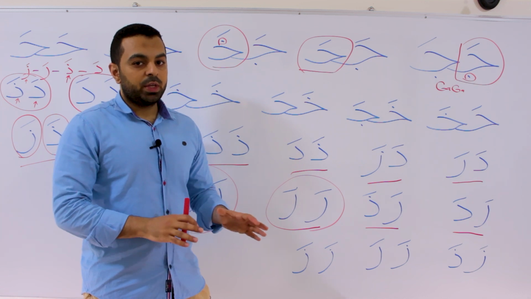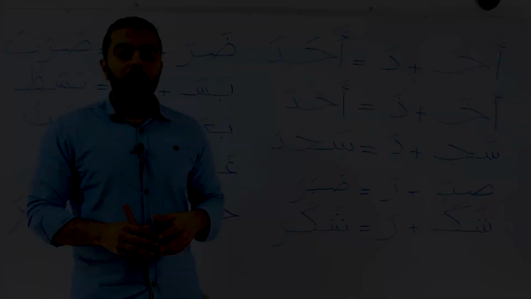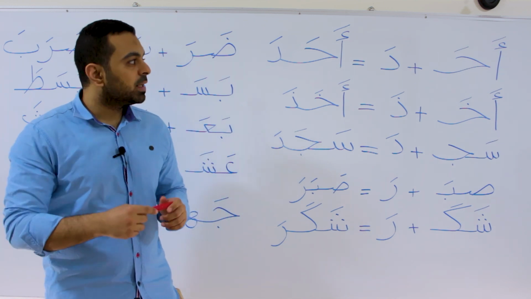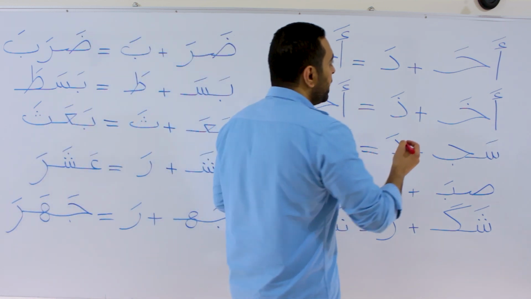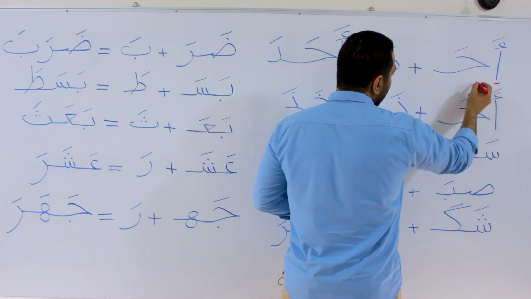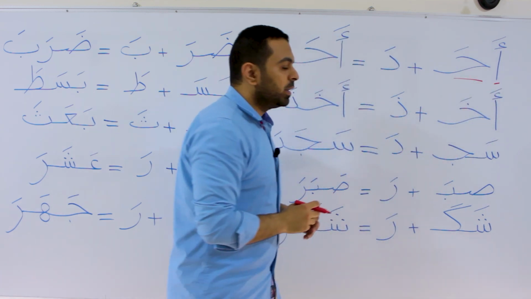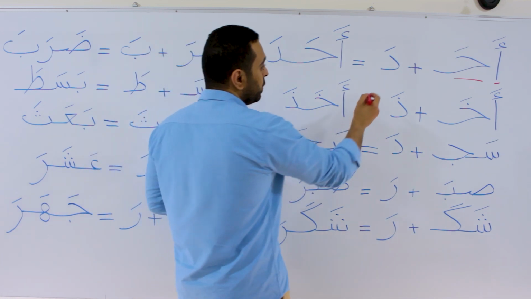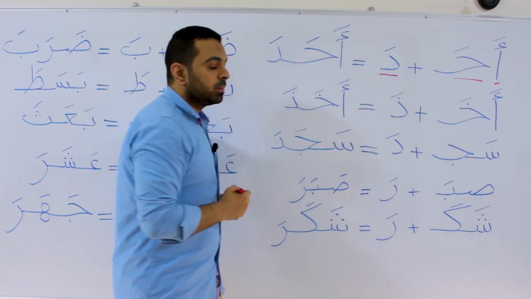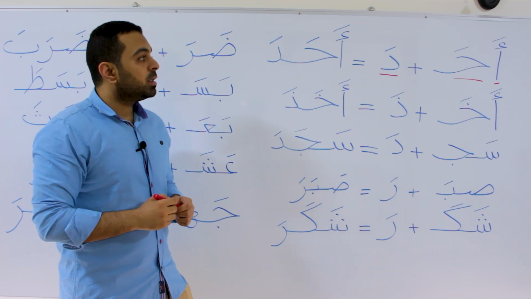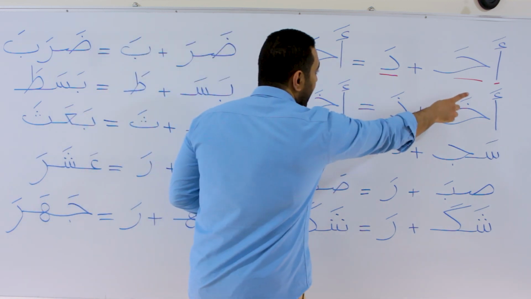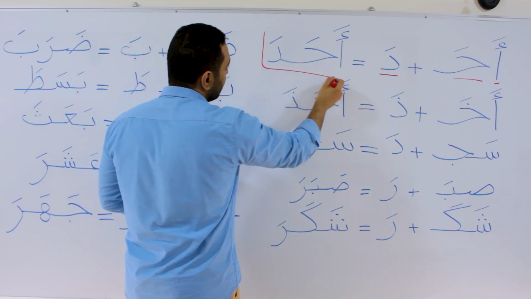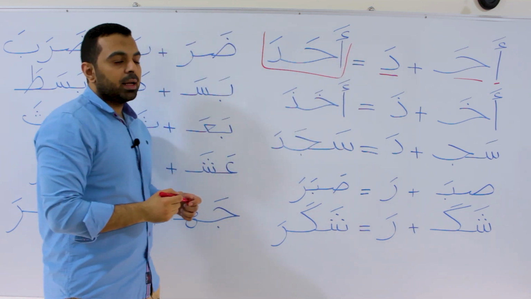Now let's move to the next exercise. In this exercise, we're going to combine 3 sounds. Now let's get started. If I have a and ha together, aha, aha. And then what is this one? Da. So the 3 of them, aha and then da, that will give us ahada.